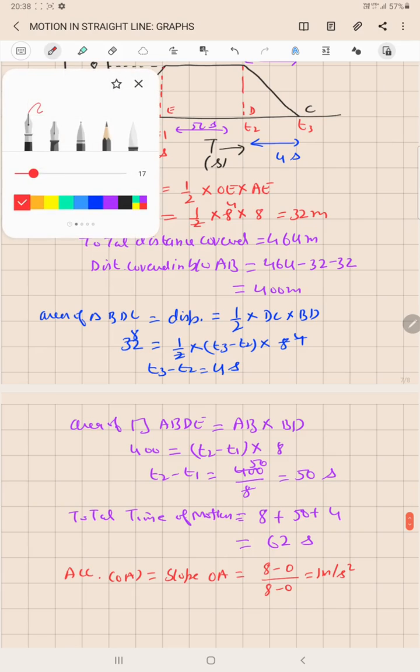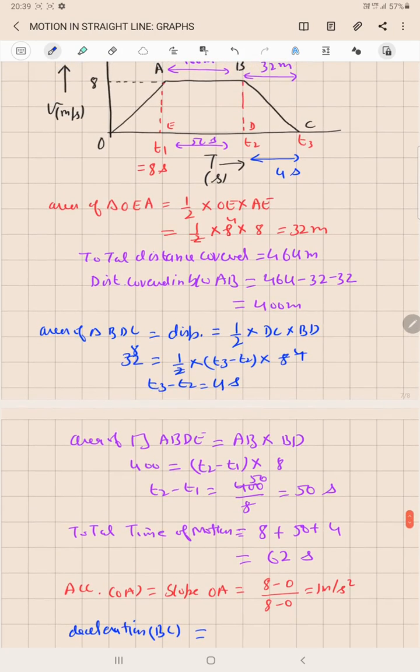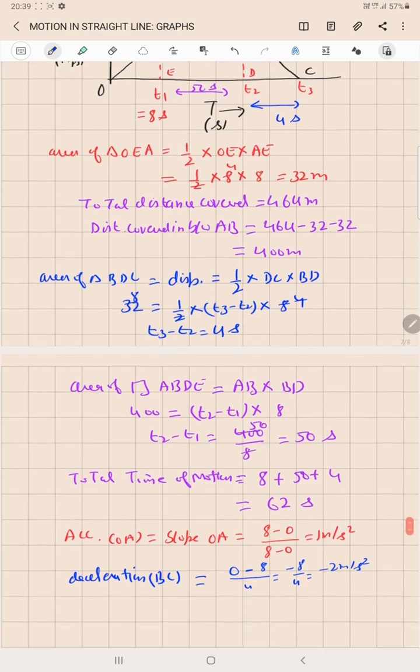Similarly, we can find out the retardation or the deceleration. Deceleration is taking place between BC, which will again be found by the slope. In this case, final velocity is 0, initial velocity is 8, time taken in this case is 4 seconds, so minus 8 by 4, minus 2 meter per second square.